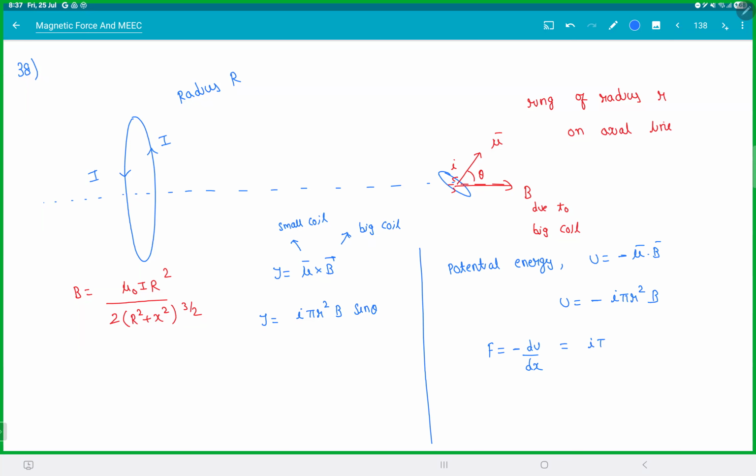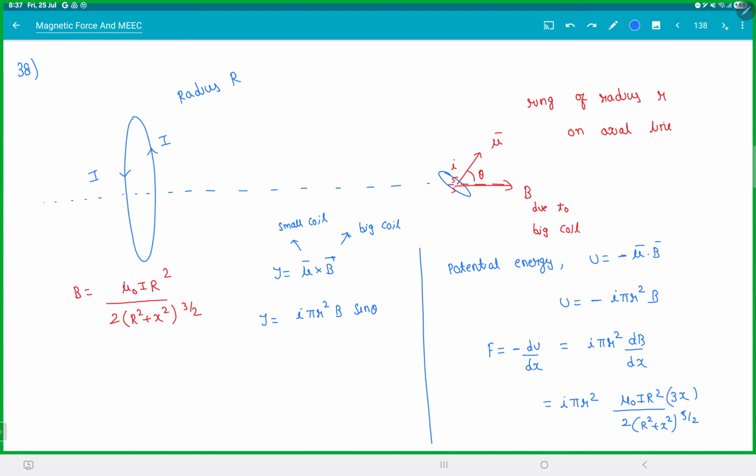That will be I pi r square dB by dx, which will be mu naught I R square by 2 times R square plus x square whole power 5 by 2 into 3x. Just differentiate this quantity dB by dx.